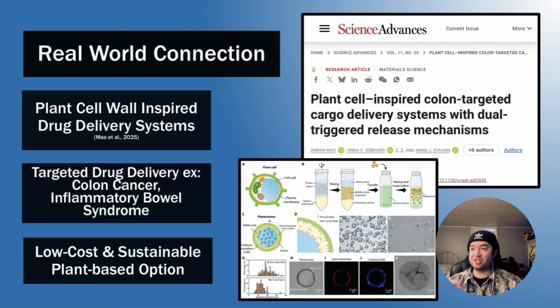And what they found was that these plant cells were able to survive the stomach acids because of the cell wall, and then eventually they were able to dissolve and allow their internal components to be released into the colon environment.